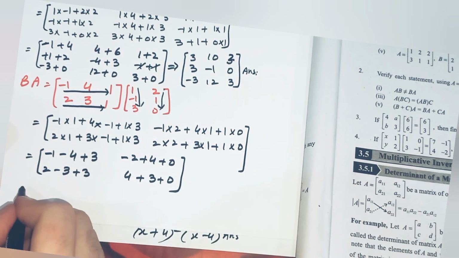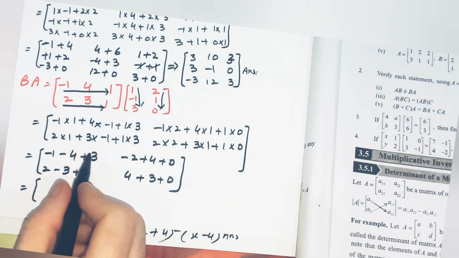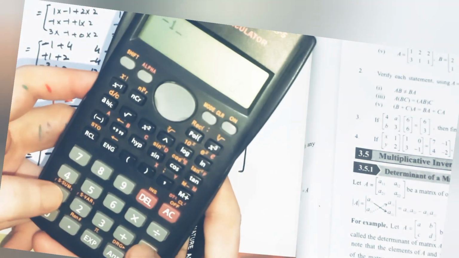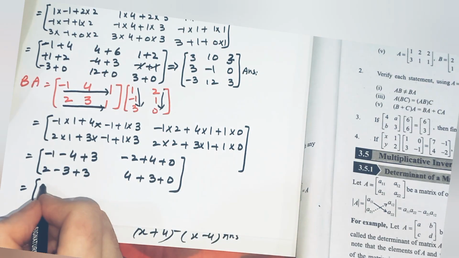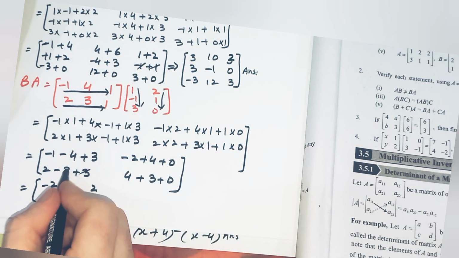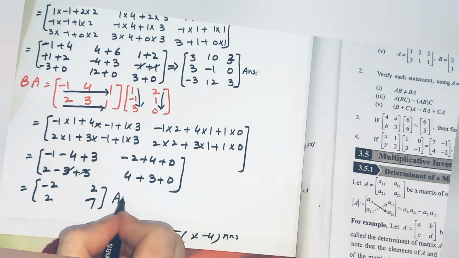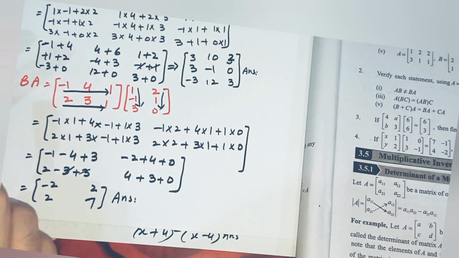Now again we simplify this matrix. Minus 5 and minus 5 plus 3, how much will we get? We get minus 2. If you want to use a calculator, you can also check minus 1 minus 4 plus 3 with the calculator. Minus 2, 2, 3, 3, cancel, 2, 7. This is the answer of our question.